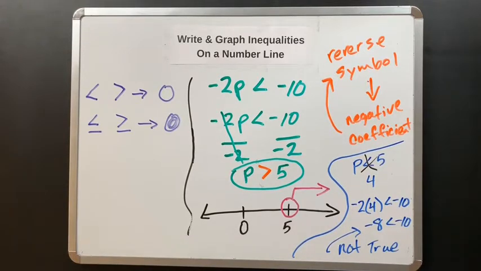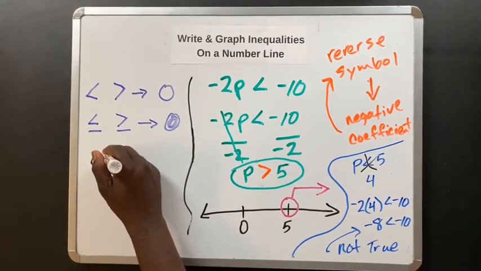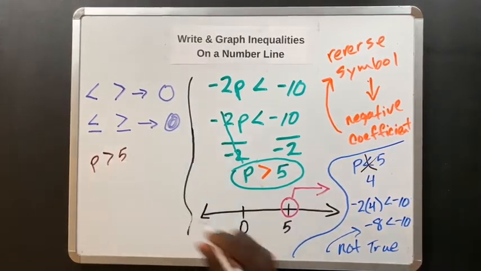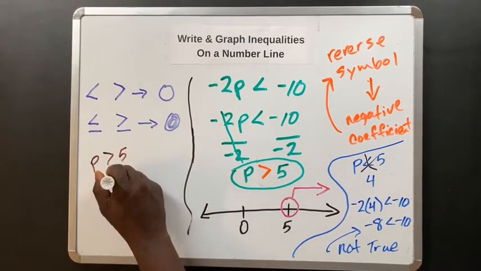So if I plug in, now I'm going to prove why this is correct, and I'm going to prove that over here to the right side. So let's pick a value where it said p is greater than 5. Pick a value that makes this true. Let's say 6.